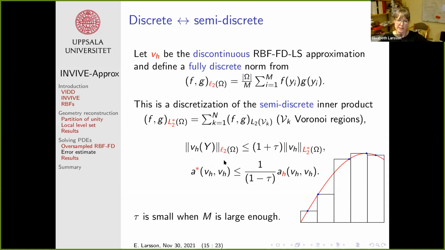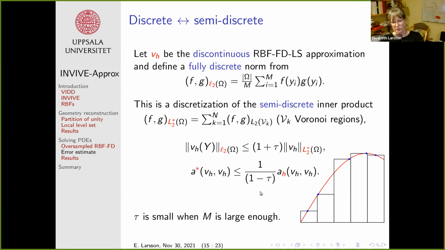And the point now is that by having this view on our approximation, we can start by relating the discrete and the semi-discrete problem by making an integration estimate. In 1D, it's easy to see that each of these is a Riemann sum, but with the point moving around a little bit, and it's easy to bound.